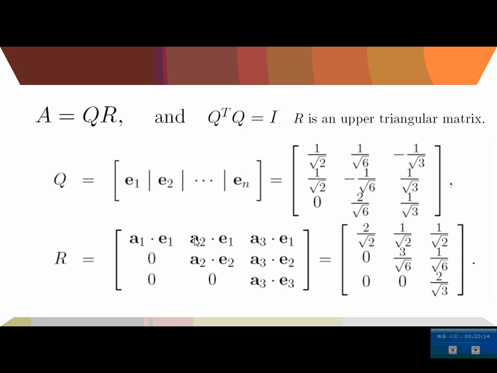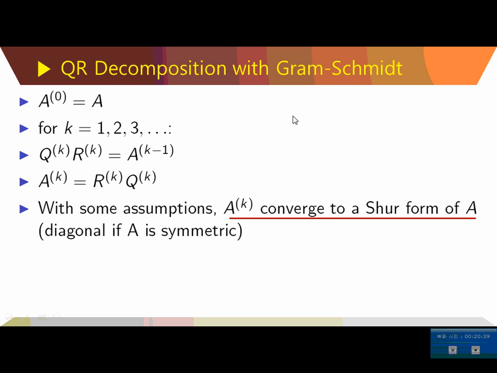Then this matrix is an orthogonal matrix, and if we find the entries like this, then this is an upper triangular matrix. We can easily check that the product of these two is the given matrix A, and Q transpose Q is identity, so this is an orthogonal matrix. That's the simple example of QR decomposition with Gram-Schmidt.